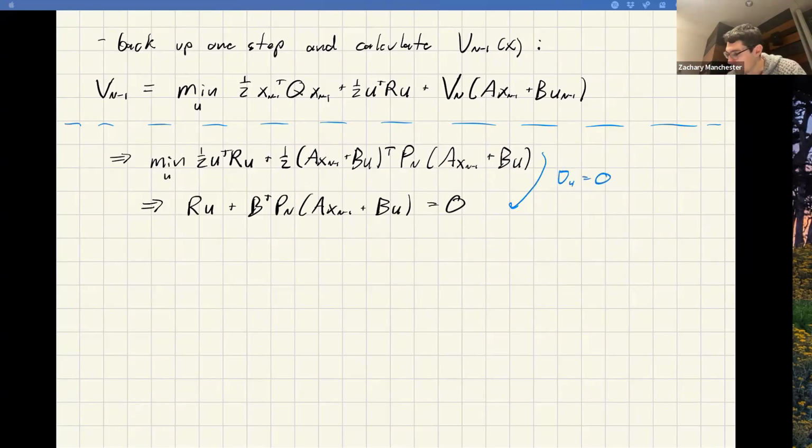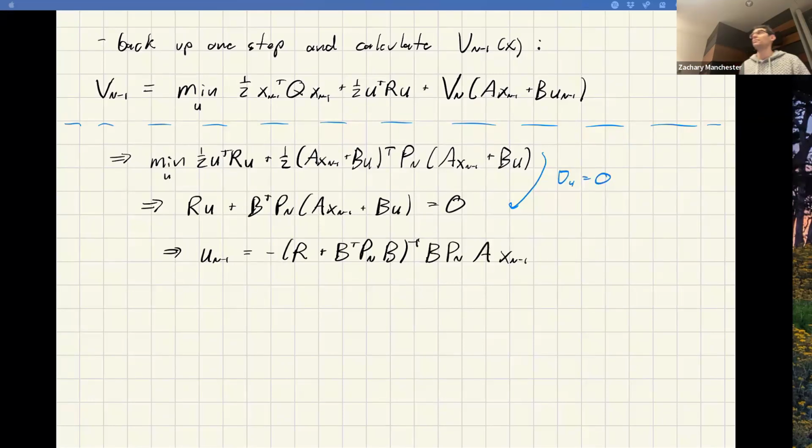From here I can rearrange and solve explicitly for u. So I get u_{n-1} equals minus (R plus B transpose P_n B) inverse B transpose P_n A x_{n-1}. Boom. Now this should start looking maybe a little bit familiar.